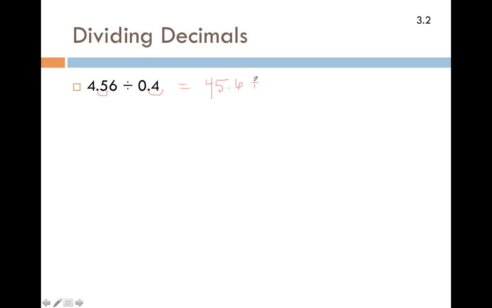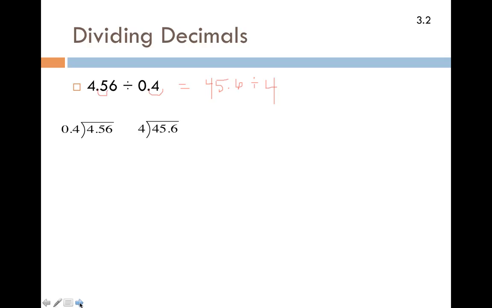It's okay to have it in the dividend, it just can't be in the divisor. It can't be in that number we're dividing by, but we can have it in the dividend. So now we've got 45.6 divided by 4.